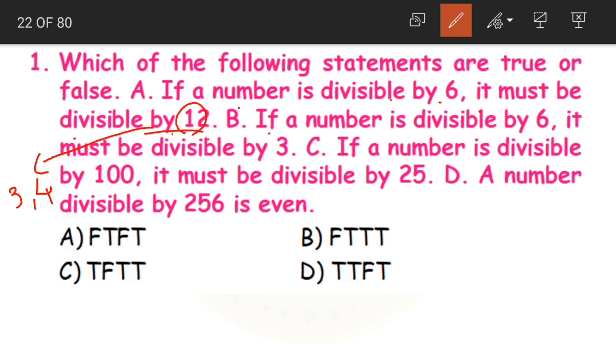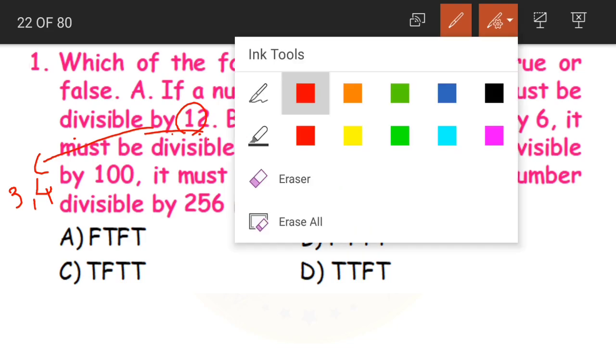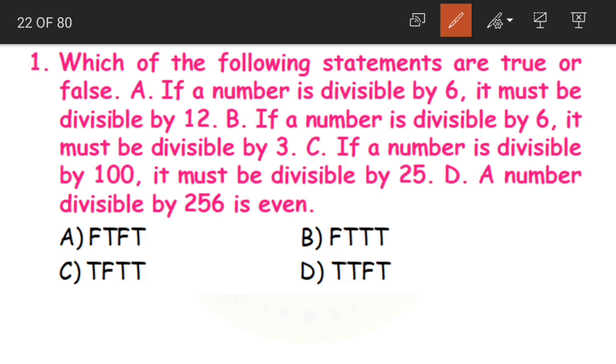So when a number is divisible by both 3 and 4, it would be divisible by 12. There is no compulsion that the number should be divisible by 6. So A becomes false.